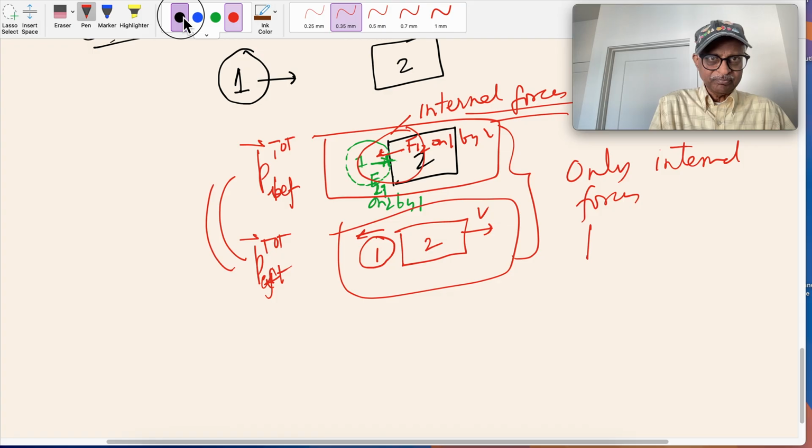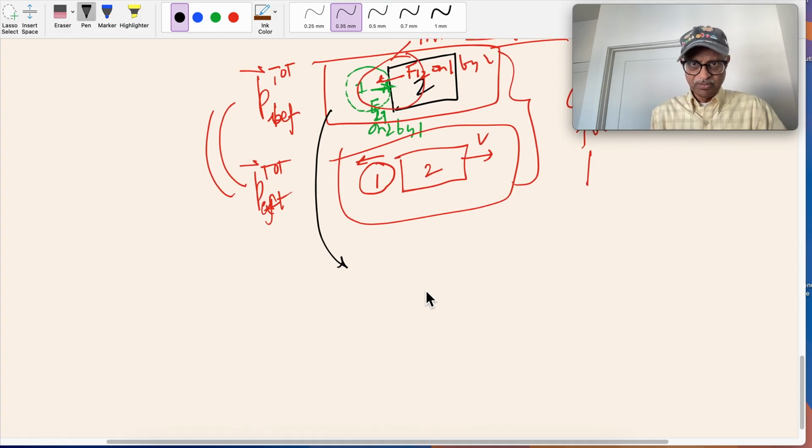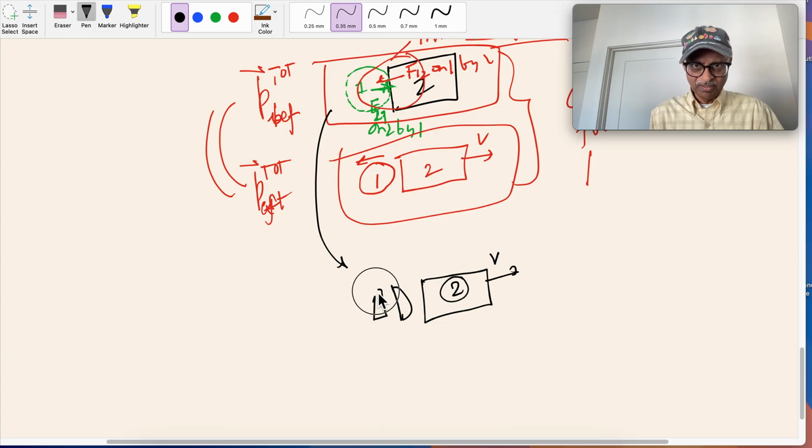Okay, now say 2, instead of going like that, remains what it is, some V, but this guy broke into two pieces and became 3 and 4.